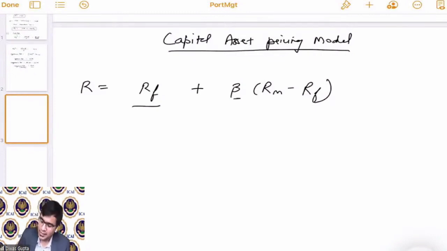So, what is this? Return of market minus return on risk-free securities will give you a risk premium. So, this is nothing but the market is running on a higher return compared to risk-free securities. Why? Because risk-free securities essentially don't carry any risk, and hence the element of return on risk is not there because we always have heard it from the childhood: higher the risk, higher the return. Correct.